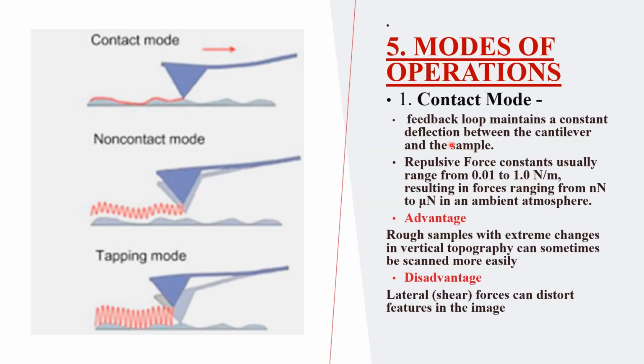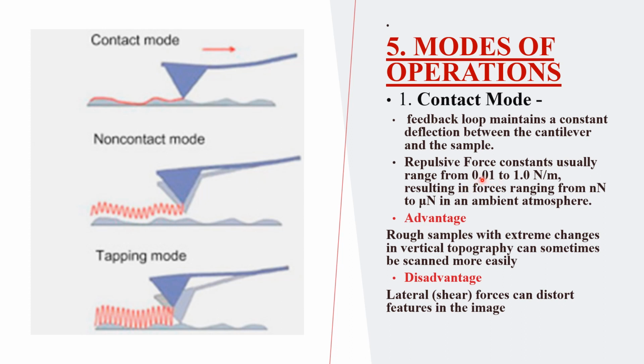Now the fifth point is the modes of operation. There are 3 kinds basically: contact, non-contact, and tapping mode. Contact mode means the tip, the probe, and the sample are very close to each other. A feedback loop maintains a constant deflection between the cantilever and the sample.